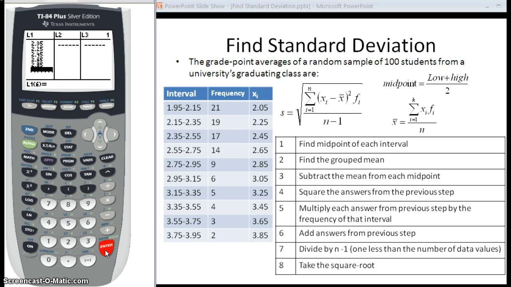And again, it's so much better than having to do this by the formula. So typing this in will take you a few minutes, but we're only typing them once. We're not having to find the mean and then subtract the mean and all of those steps to find this by the formula. Our calculator is going to do most of that work for us.